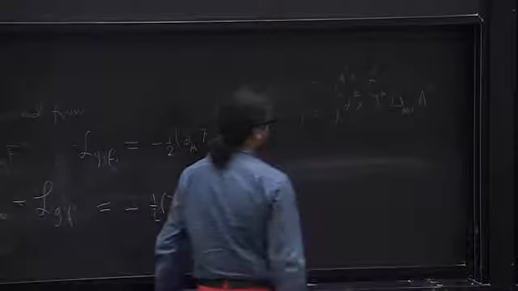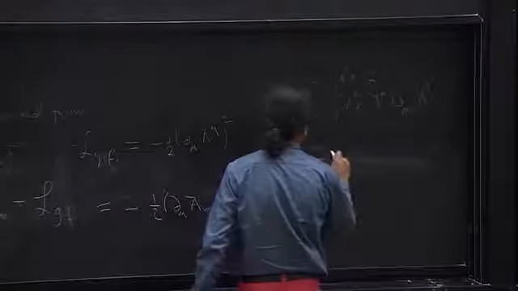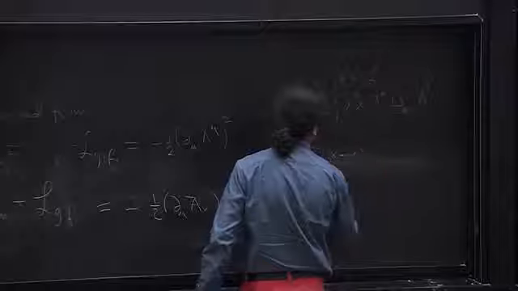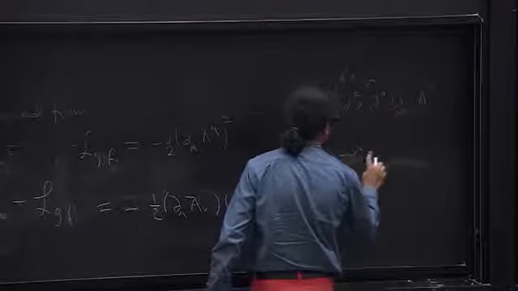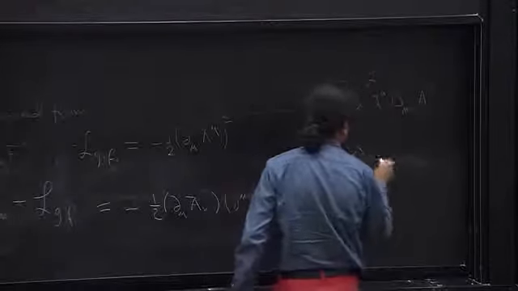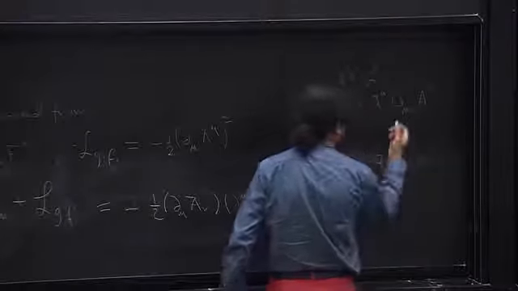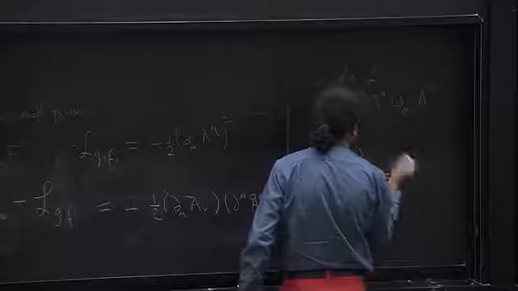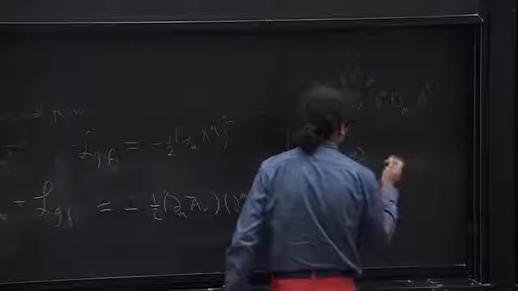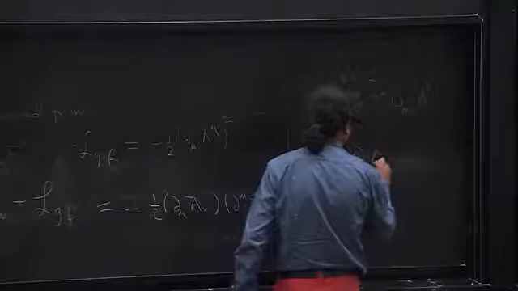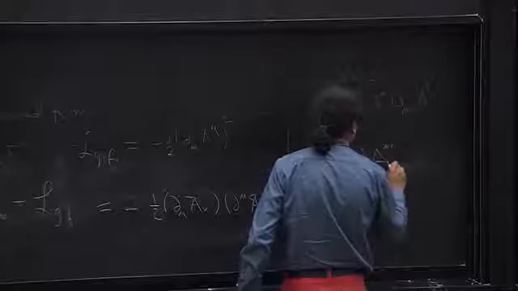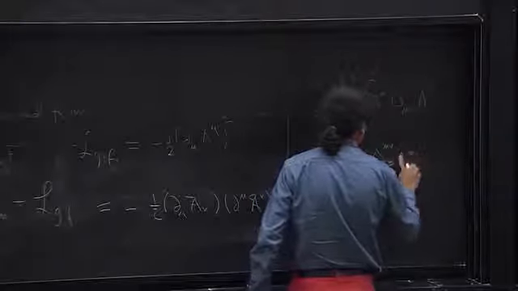This wave operator is the inverse of the Green's function, or the propagator. Let's call it, for electromagnetism, the Feynman propagator.